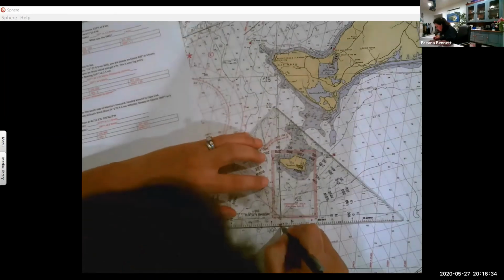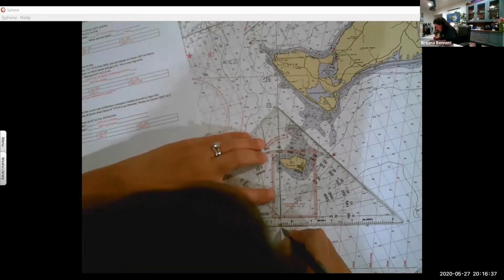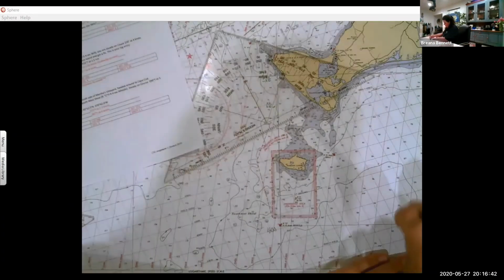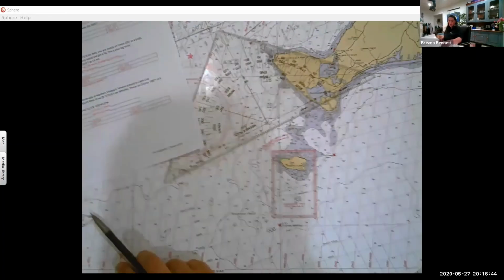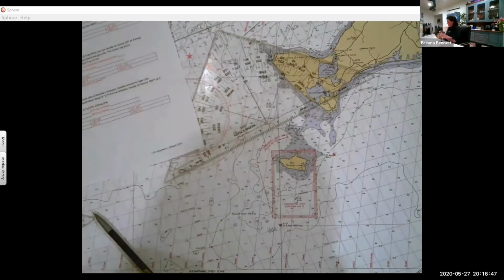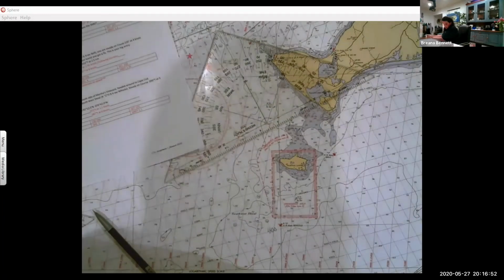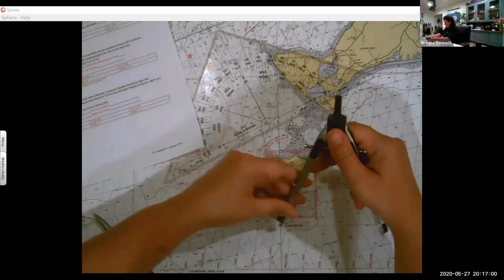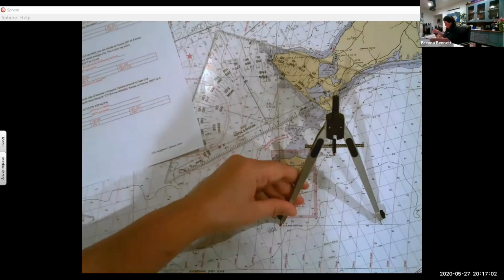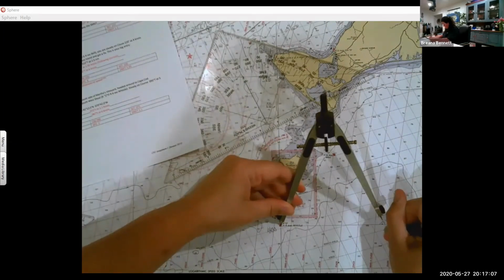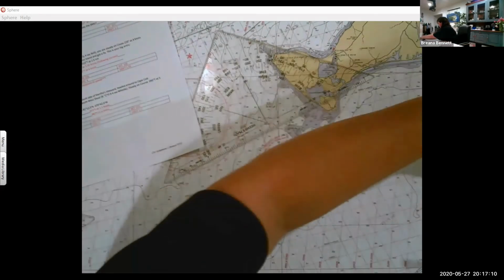I'm going to make a course of 090. Five knots in an hour, 1900, would give me here.